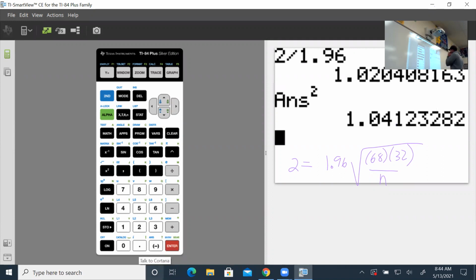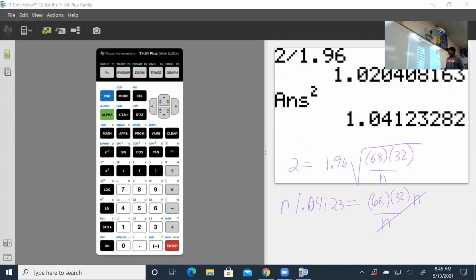So there we go. So there is that answer. So where I'm at right now, or to draw this, is I got 1.04123, etc. equals 68 times 32 over n. I'm going to multiply n in my mind to both sides. So n's now on this side, okay?